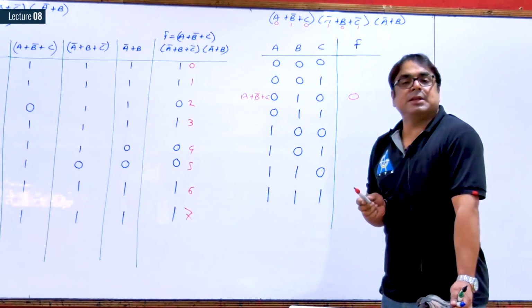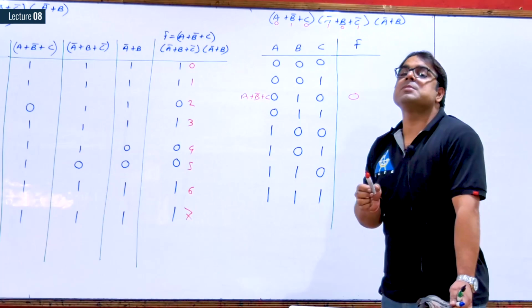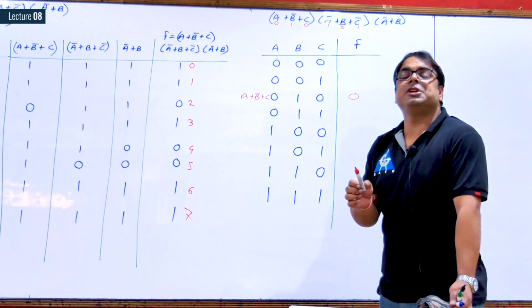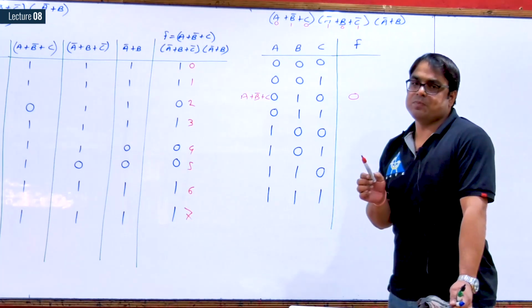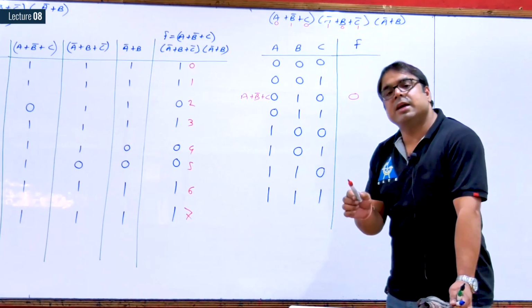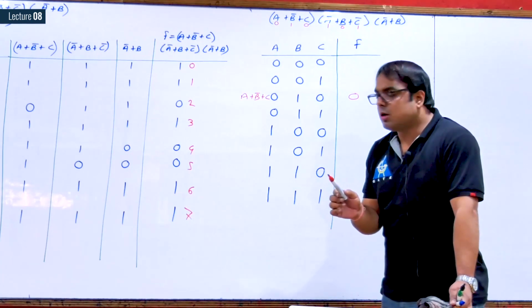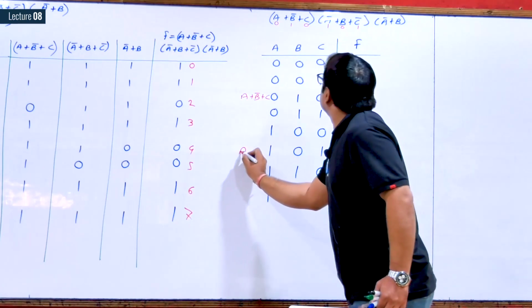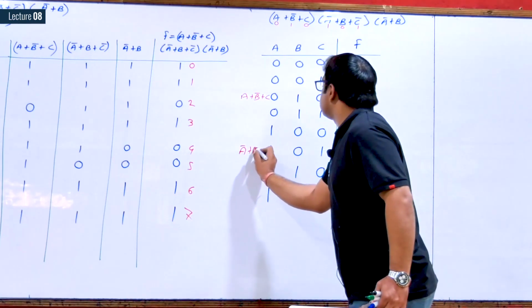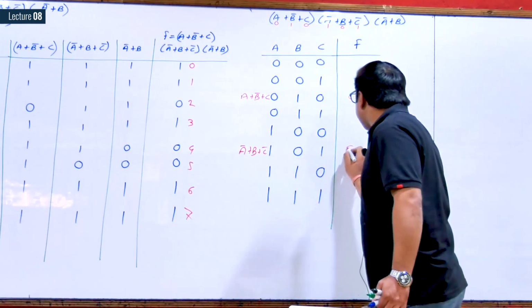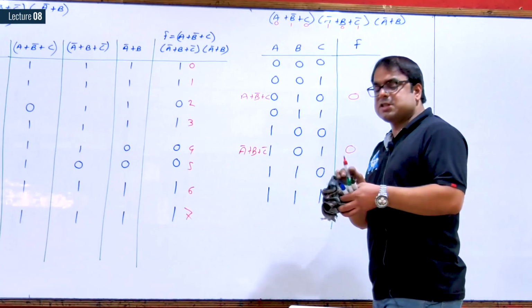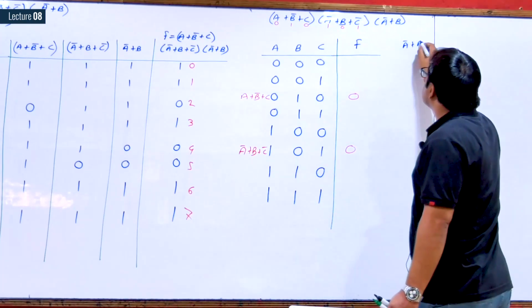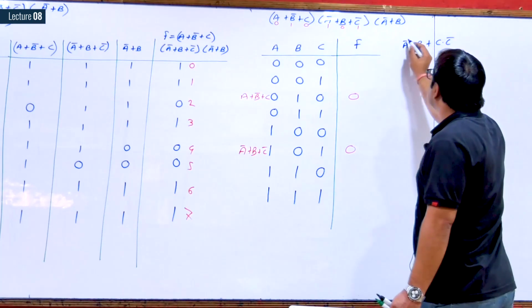So you should remember this thing: at the min terms combination output function is logic 1, at the max terms combination output function is logic low. Min terms output is logic high, max terms output is logic low. Next 1, 0, 1. So this is A complement plus B plus C complement. At this combination also output function value is 0. Now A complement plus B, we can write it as plus C dot C complement.